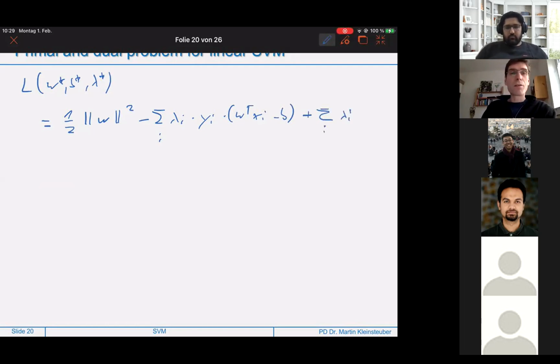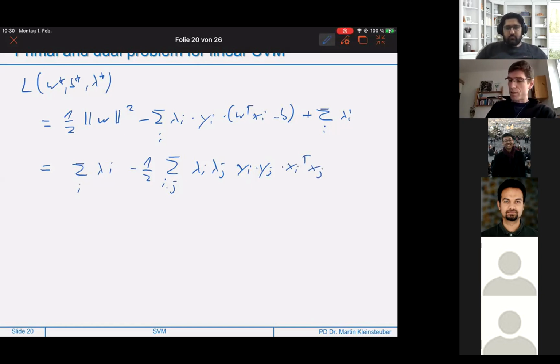And if I plug in all the conditions that I have for the optimal value, this simplifies to the sum of lambda i minus 1/2 the sum over i and j of lambda i lambda j times yi times yj times xi transpose xj.